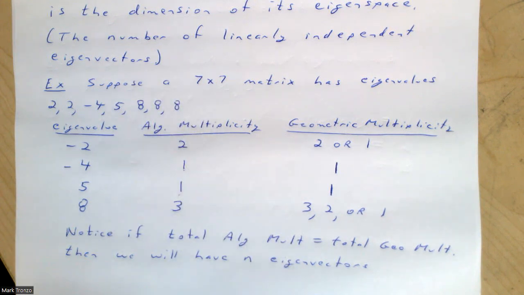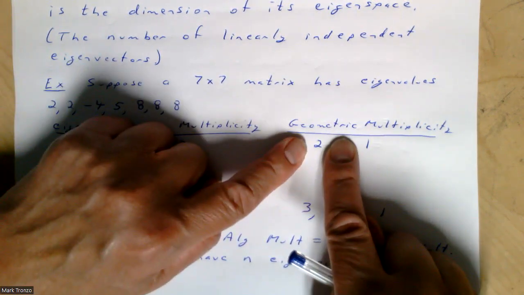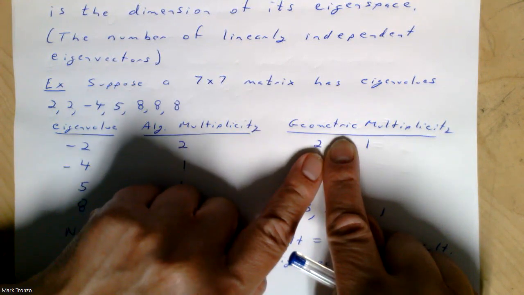Now, in that case, if you have that case where they are equal, the matrix will be diagonalizable. Because remember, if you end up having 2 eigenvectors here, they're going to be linearly independent.